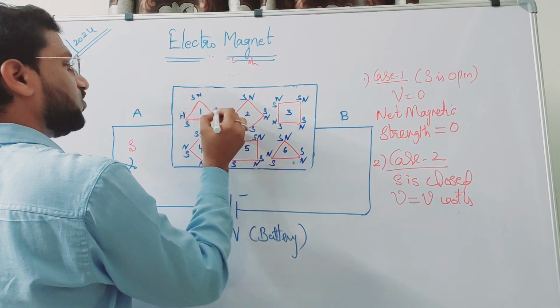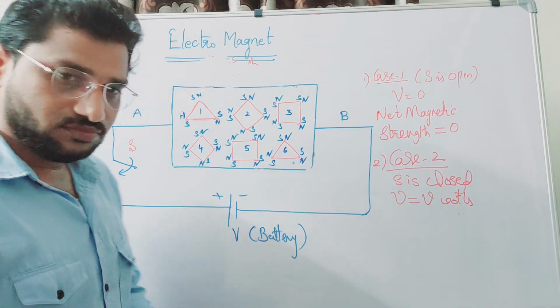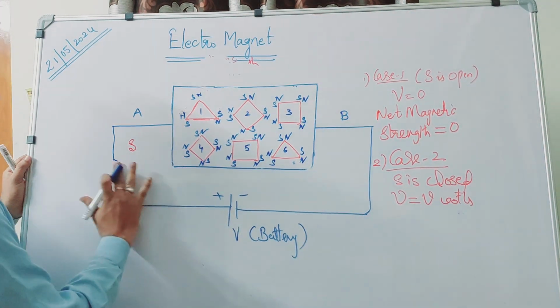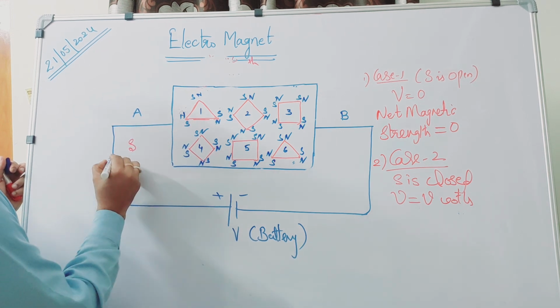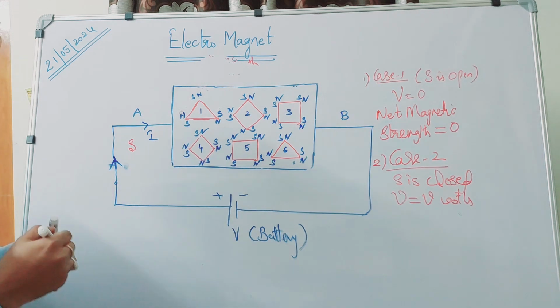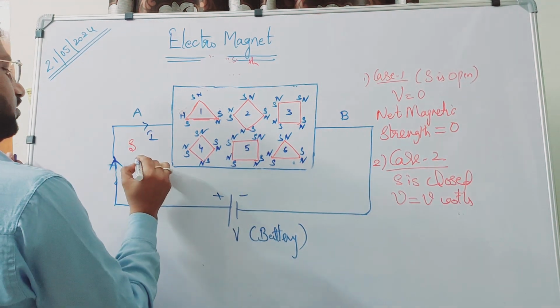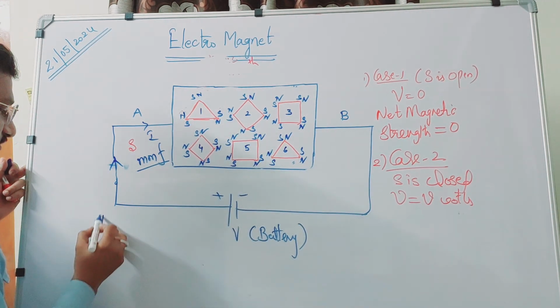Here it is north, south, right? Now, when the power supply is connected, current passes, right? Here MMF is produced. So what is MMF?